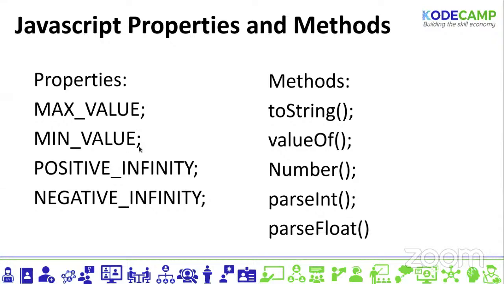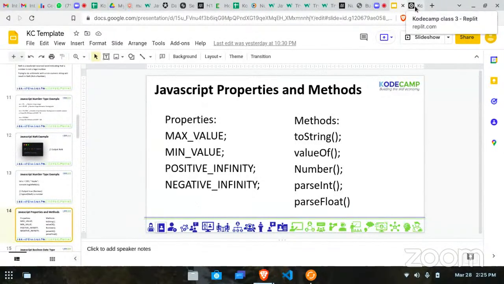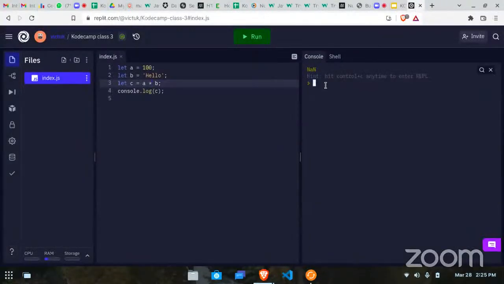So let me show you how that works. If I said Number.MAX_VALUE, that is the largest number JavaScript can work with. That's 1.7976 whatever, which is like saying times 10 raised to the power of 308.